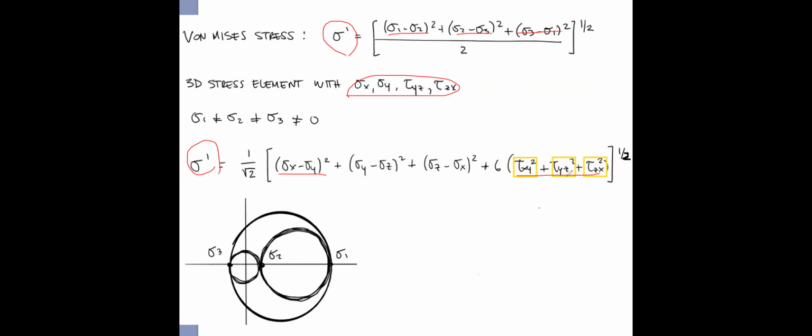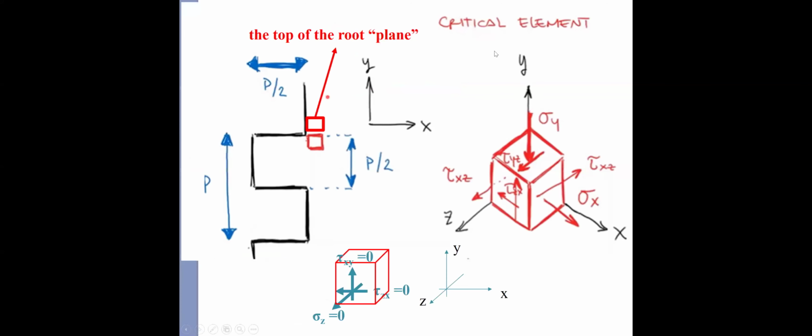Then we can figure out the principal stresses by drawing the Mohr circle. As we mentioned, at the top of the root plane the stress equals 0 in this case.